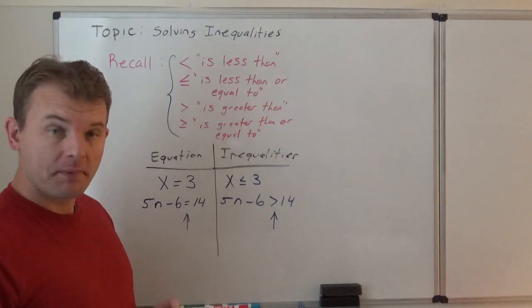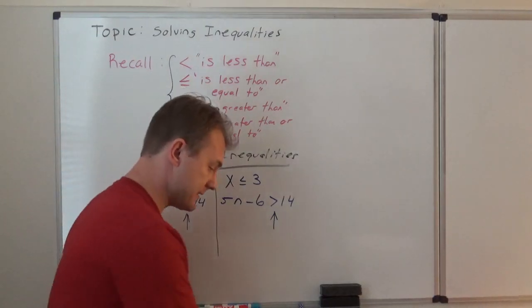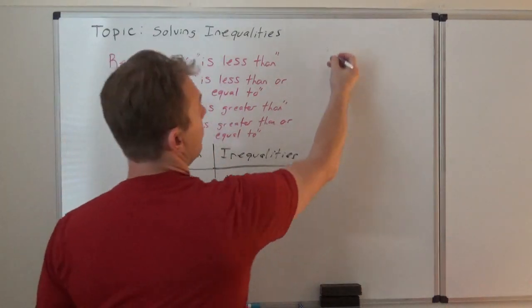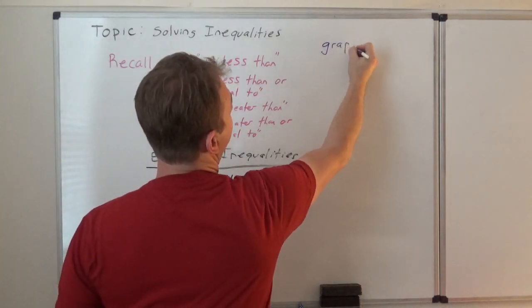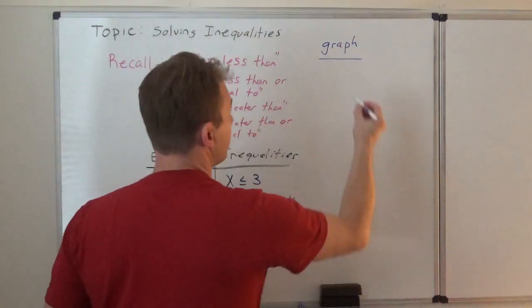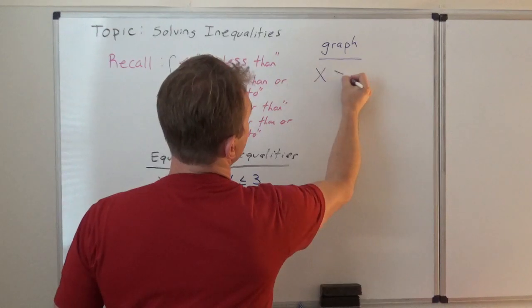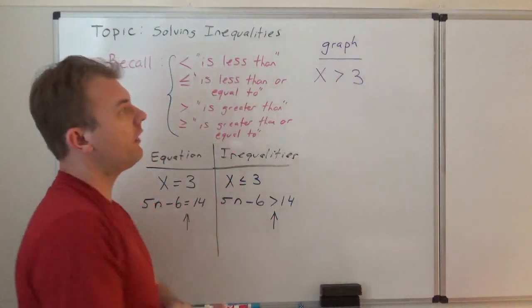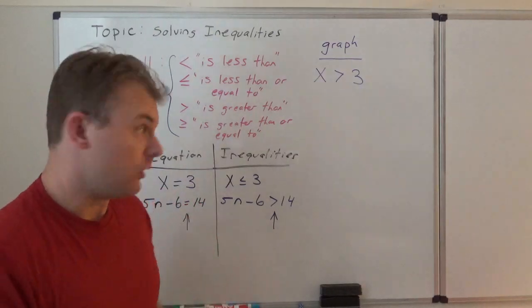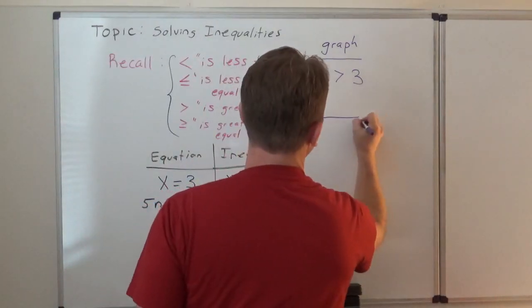Going back to graphing, what if I wanted to graph this one here, let's say x is greater than 3? How would you graph that? Well, you would draw your number line.